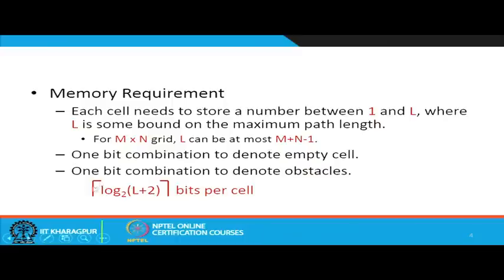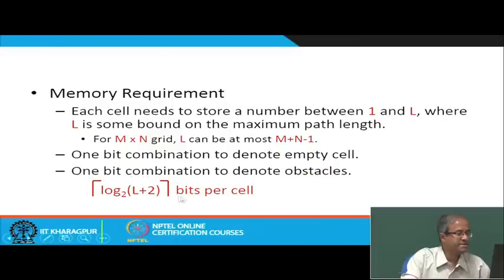So, you need that many bits to represent the state of each cell. The state of each cell can be empty, an obstacle, or a label numbered between 1 and this maximum L. Ceiling is the smallest integer which is greater than or equal to this value.